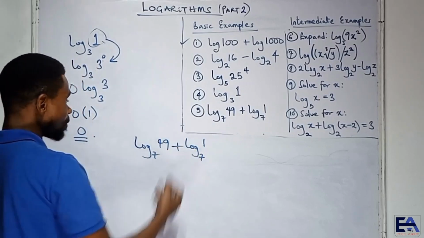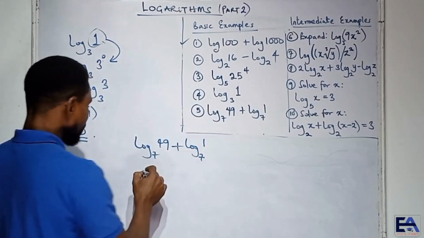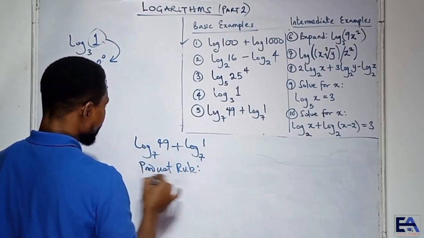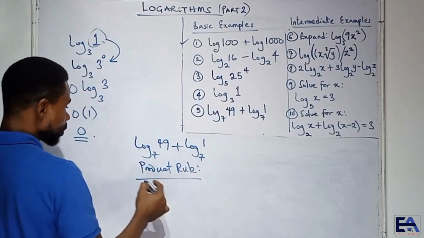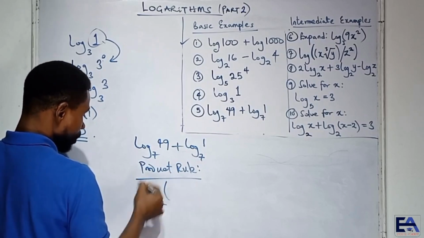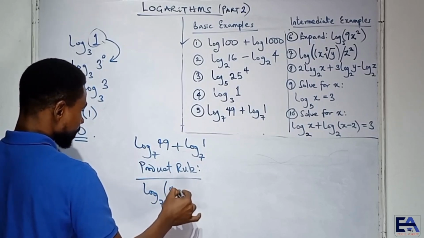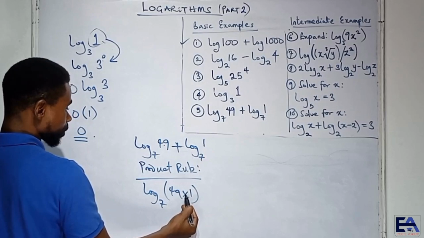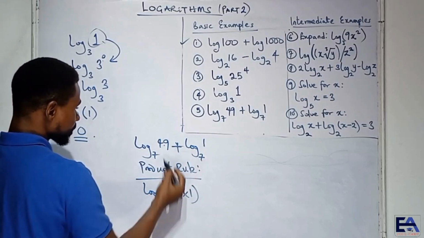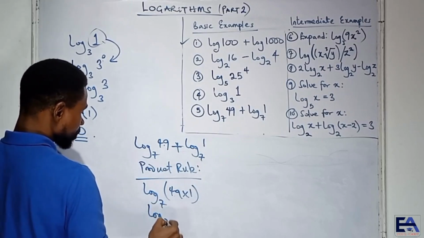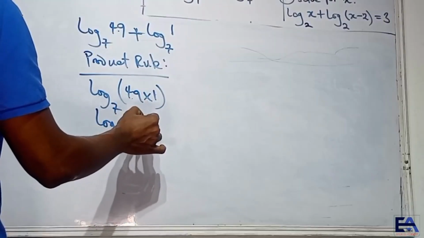Applying the product rule, since they are adding, we have a common logarithm to base 7 of 49 multiplied by 1. So plus means multiplication, but we have a common log now. Then we have this 49 multiplying 1, so we have logarithm to base 7 of 49.